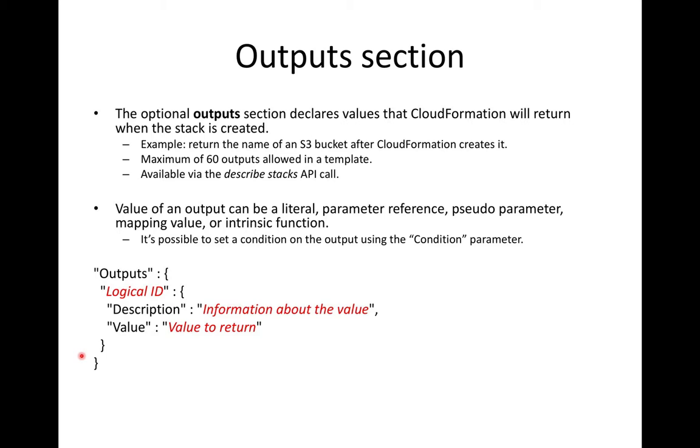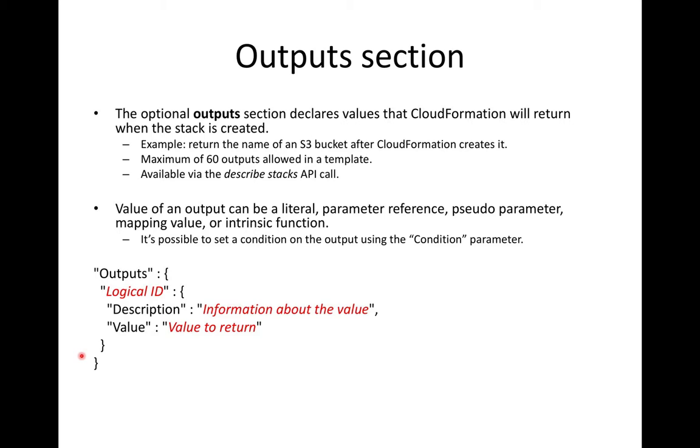You can output up to 60 different outputs on a template, and you can view these outputs either by looking at the CloudFormation web dashboard, or there's also an API call that you can use to view the outputs from a CloudFormation stack.